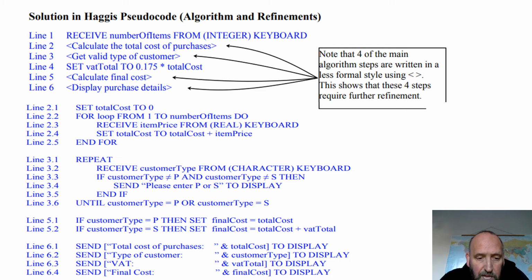We then get the valid type of customer. Repeat: receive customer type from the character keyboard because it's a P or an S. If customer type is not a P and it's not an S, then send enter P or S to display. End if. Until customer type equals P or customer type equals S. Now this is a standard input algorithm that we've looked at, and in this instance we're testing to check that it is the correct letter entered.